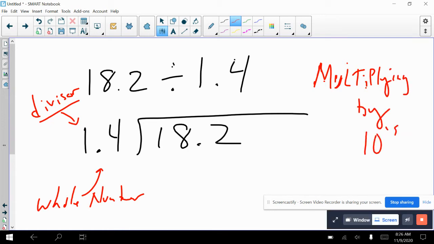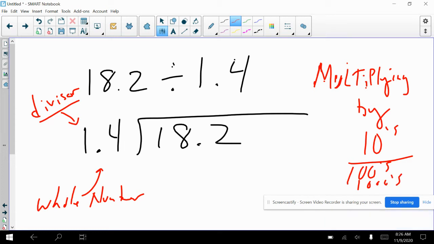Remember when we talked about multiplying by tens, hundreds, and thousands? This is where you're going to have to know how to do that. The easy part is you're going to see how the decimal moves.